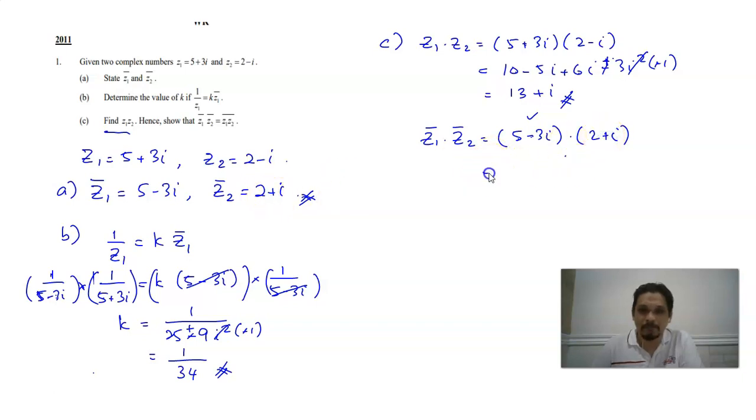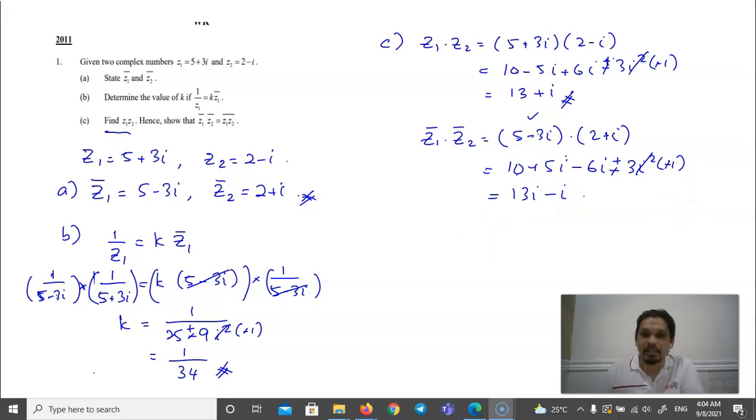Let's try again. 5 times 2 equal to 10. 5 times i, plus 5i, negative 3i times 2, minus 6i, and negative 3i times positive i, minus 3i squared. I squared is negative 1, and negative times negative, positive. So 10 plus 3 equal to 13. And then 5i minus 6i, so equal to negative i.